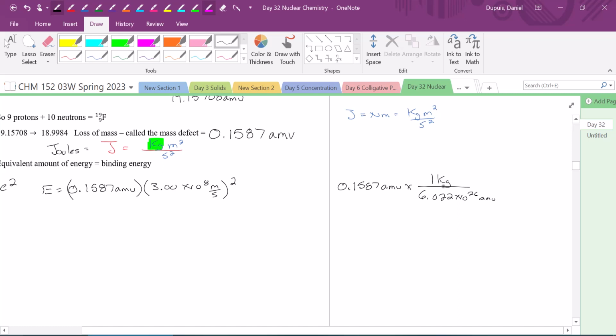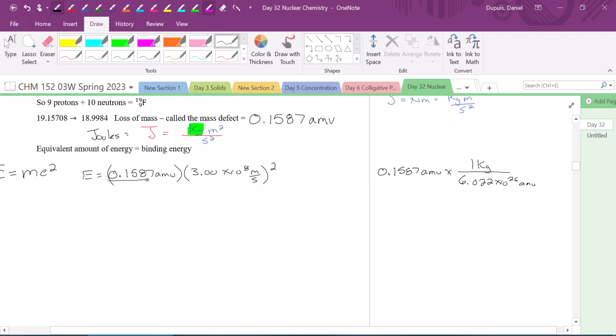So all I have to do here is divide by 6.022 times 10 to the 26 kilograms, and I'll get my answer. And this looks like it should be 2.37 times 10 to the negative 11 joules per nucleus.